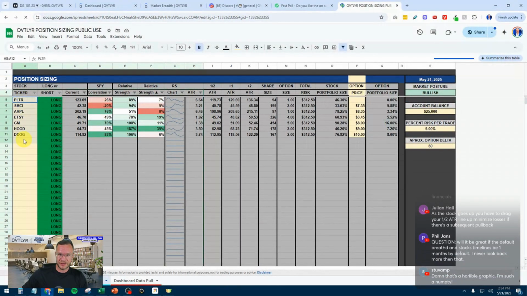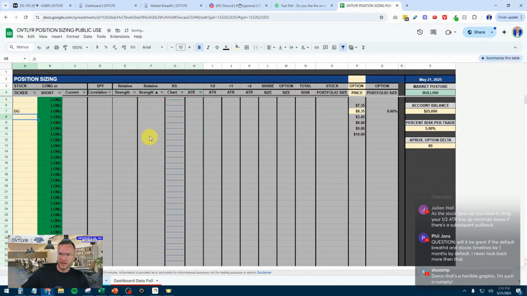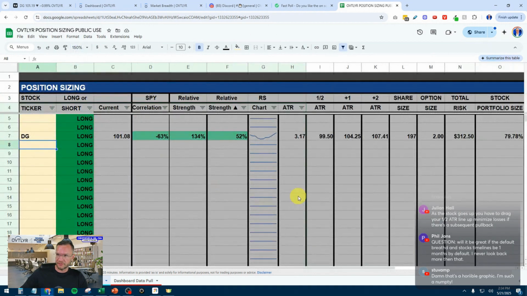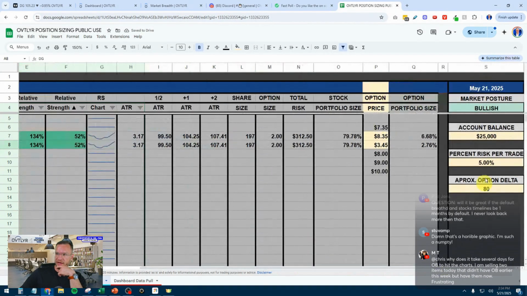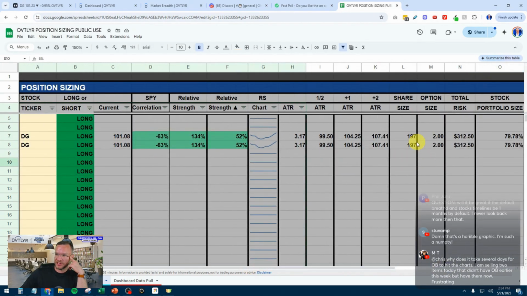Okay, let's say that we're looking at Dollar General. We'll do the math on here, and it should make sense real quick why you would never want to do 2 ATRs. So Dollar General here. If we had a $25,000 account with a 5% risk, that would mean we take 197 shares or two option contracts.